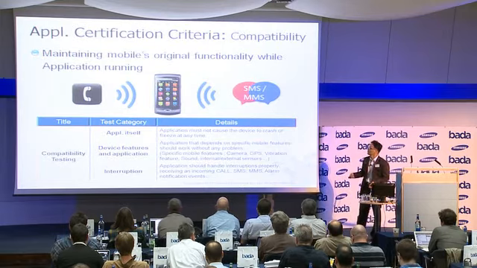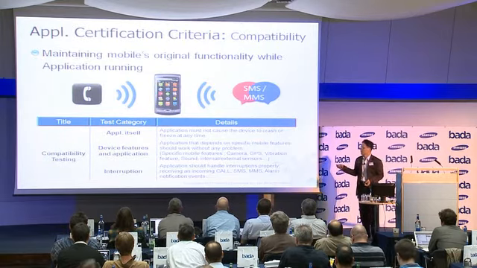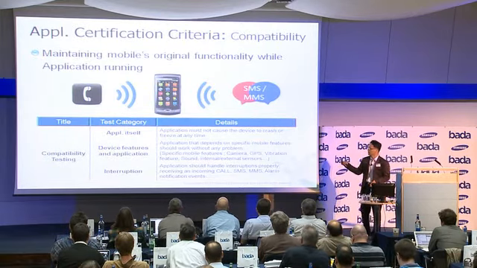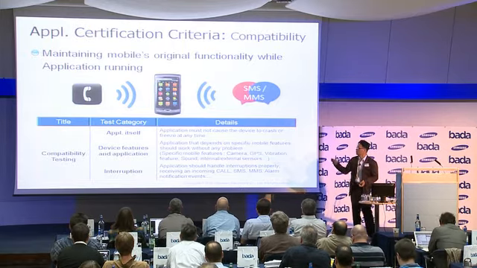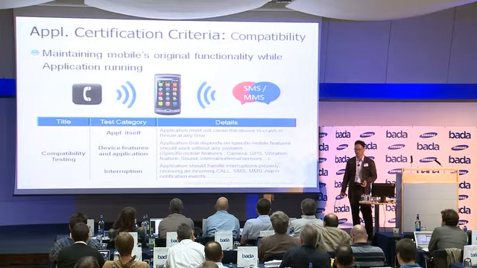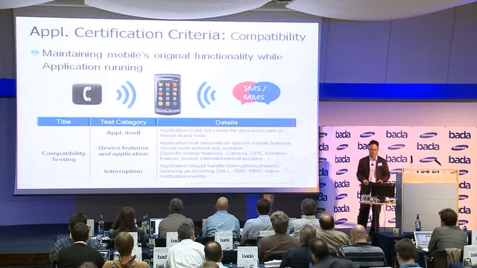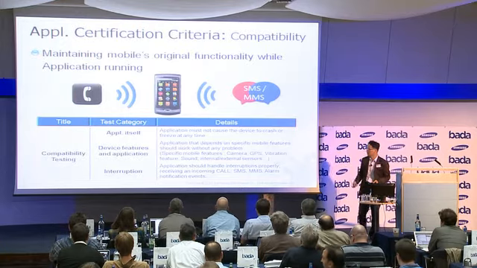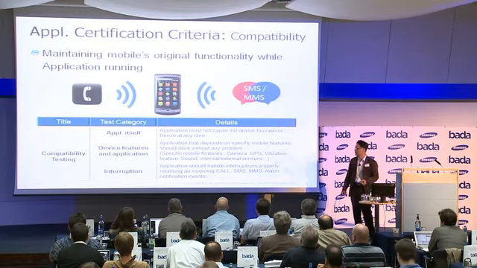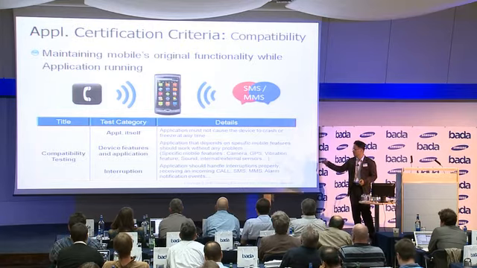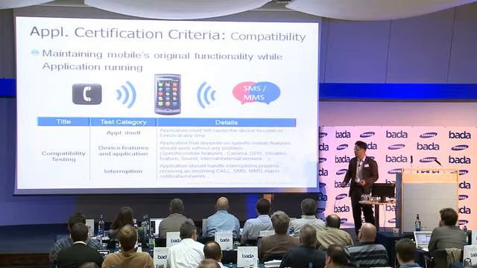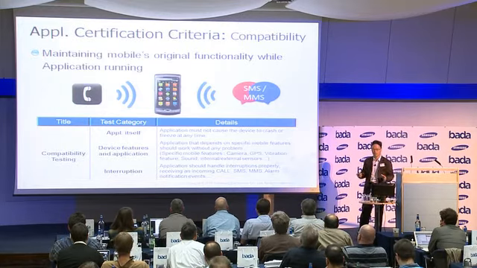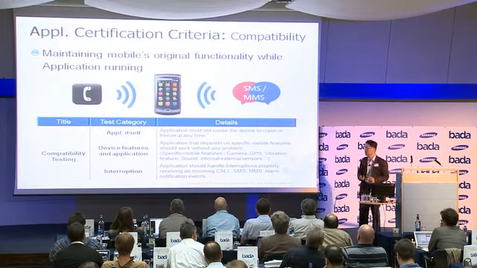And next is compatibility. The purpose of compatibility is maintaining the mobile's original functionality while the application is running. We are checking these three test categories in compatibility: application itself, device feature and application, and interruptions. The application itself must not cause the machine to crash.